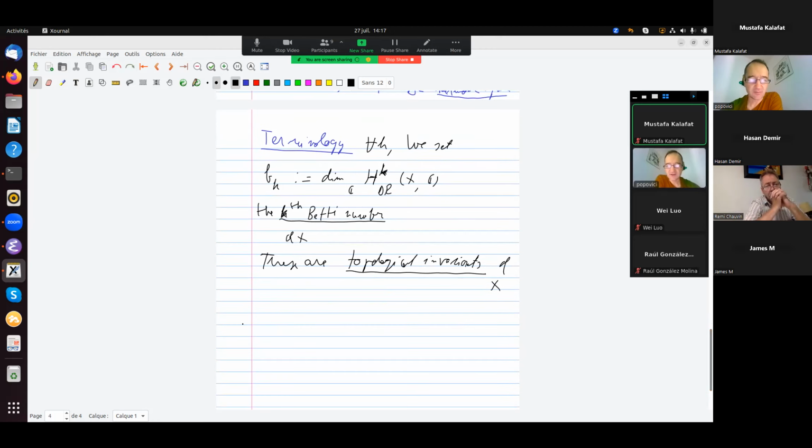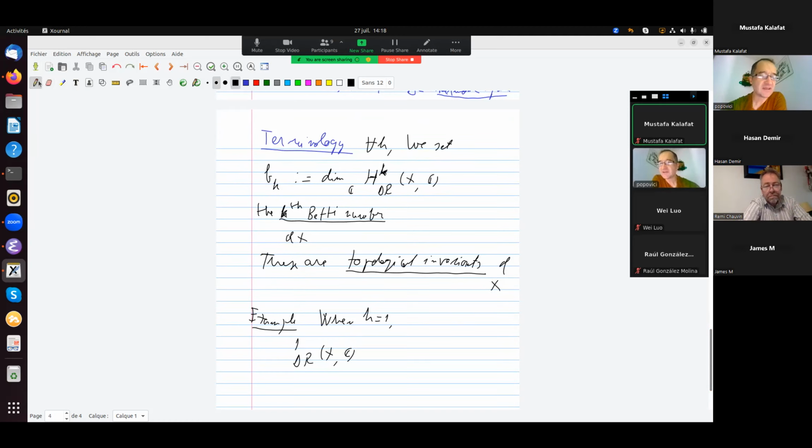And let me give you an example. In degree 1, when k equals 1, H^1 de Rham of the manifold. As groups, they are abelian, of course, because they're vector spaces, and the underlying group of a vector space is abelian.